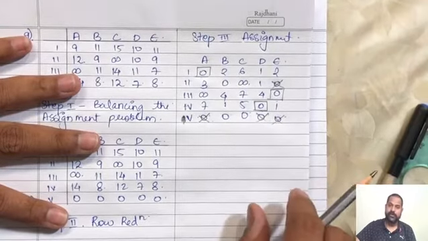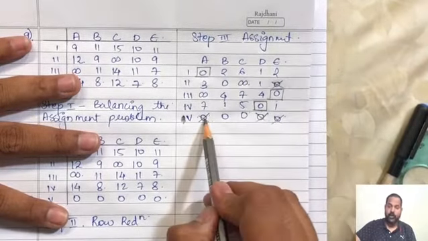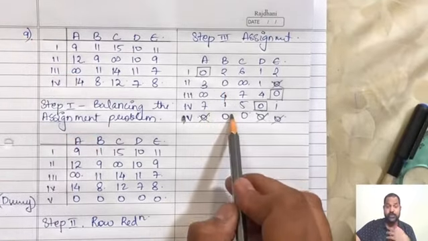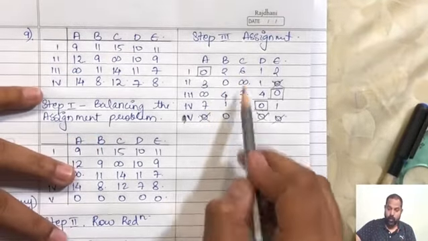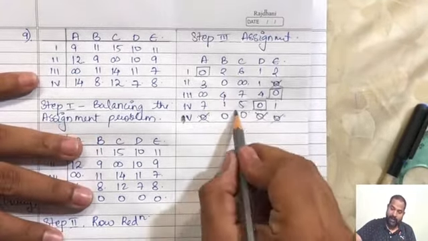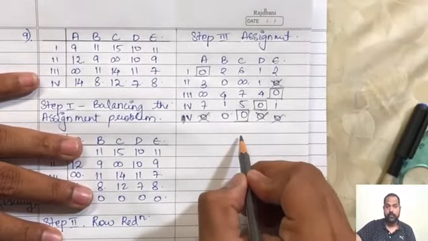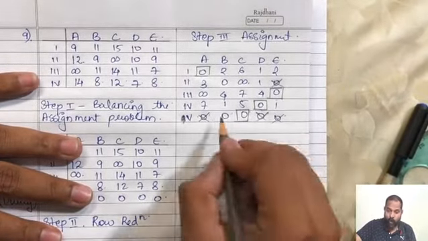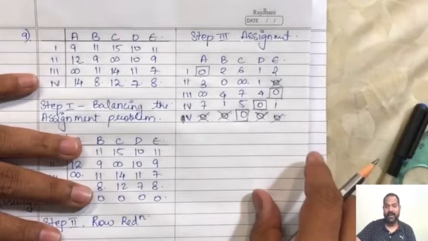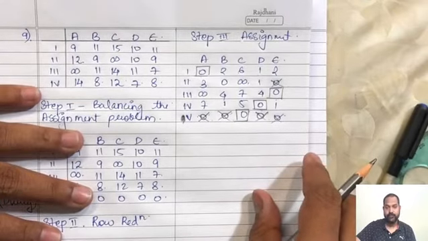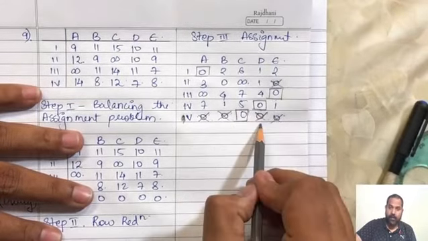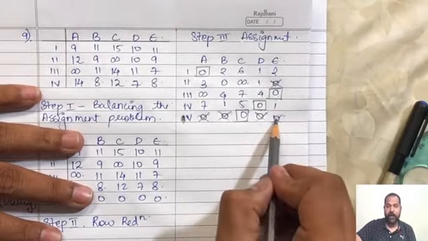Let's start column wise. Already marked or cancelled. 2 zeros, I can't do anything. 1 zero, I mark it as an assignment. In that row, if there is any other 0, I will cancel. Already marked or cancelled.